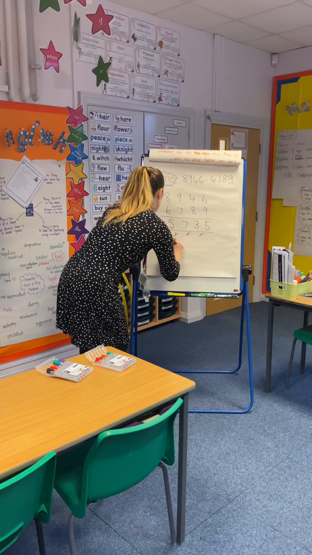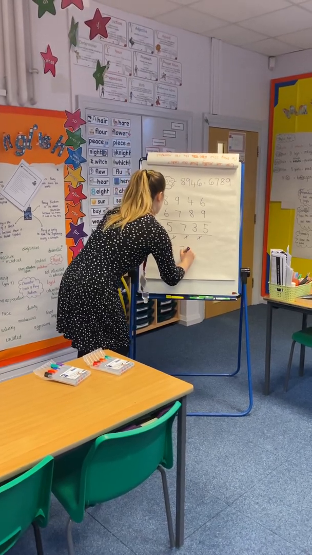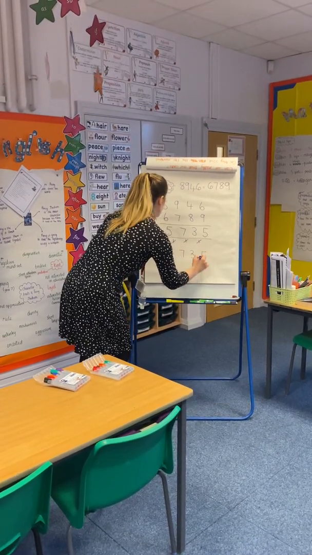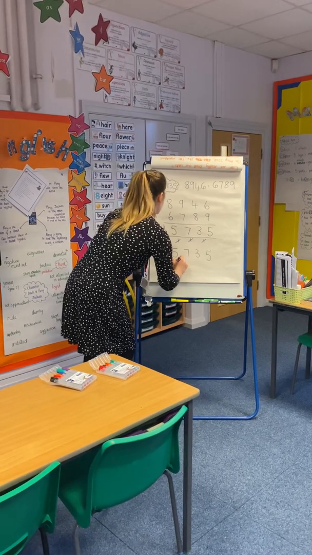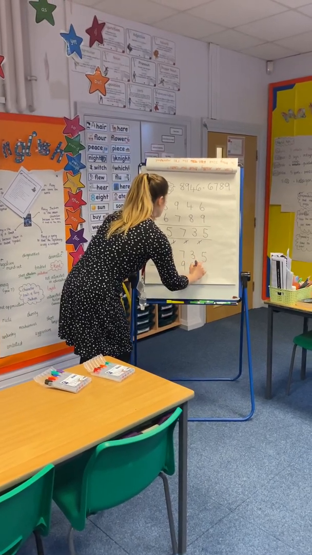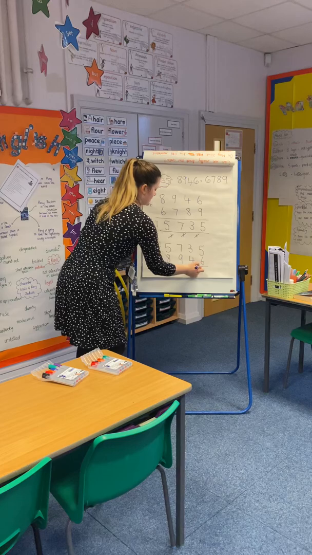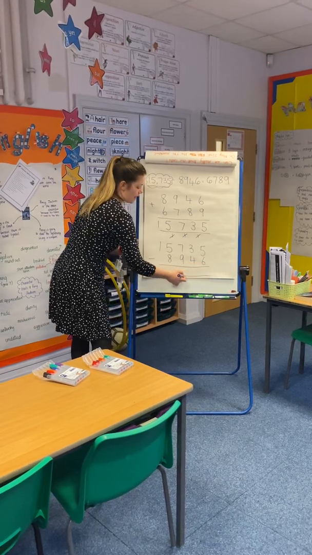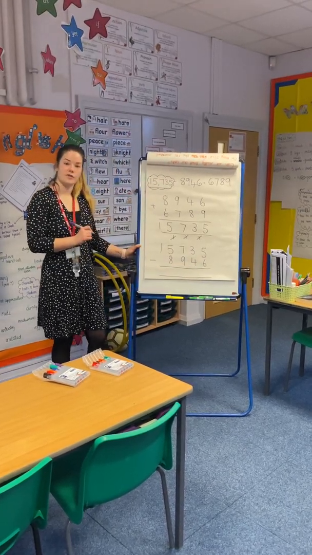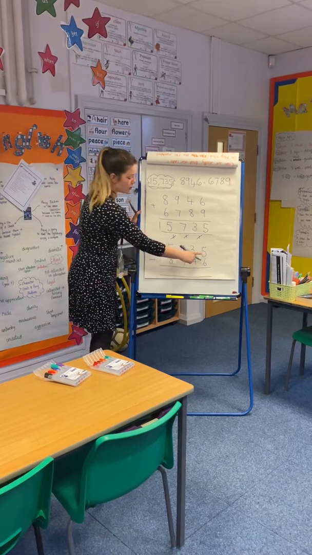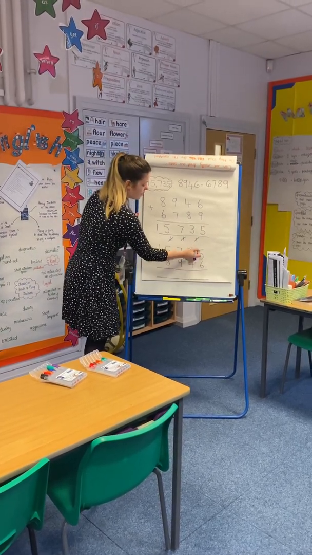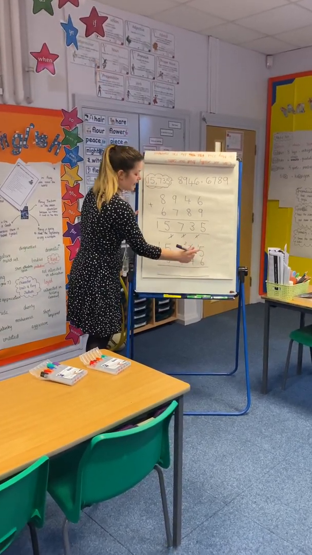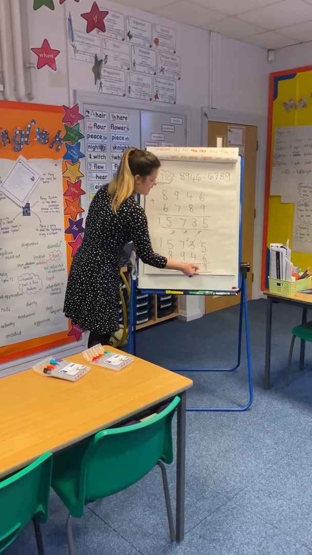So we're now going to do 15,735 subtract 8,946. Can you pause the video now while you complete that calculation for me? So I can't do 5 subtract 6, so I need to exchange from the tens. 15 subtract 6 is 9.